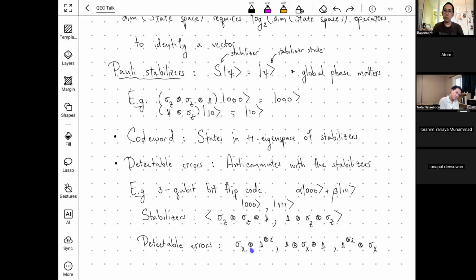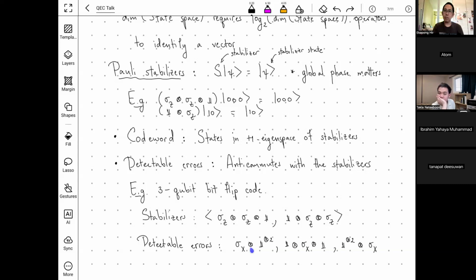One other thing that I somehow forgot to put in this note is that the product of two stabilizers is also a stabilizer. That should make sense because if you apply a stabilizer, it doesn't change anything, and if you apply another stabilizer, it also doesn't change anything. So the 3-qubit bit flip code actually has multiple stabilizers.